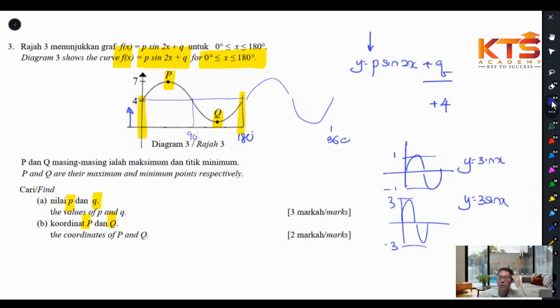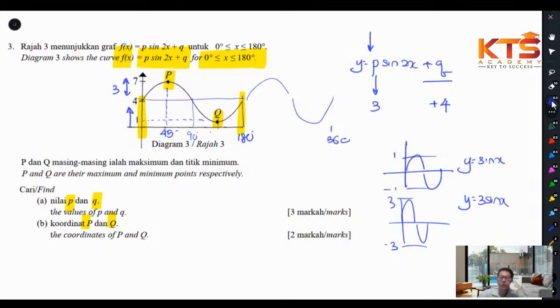Okay, so here the magnitude is 3. So P equals to 3. So here will be negative 3. 4 minus 3 is 1.